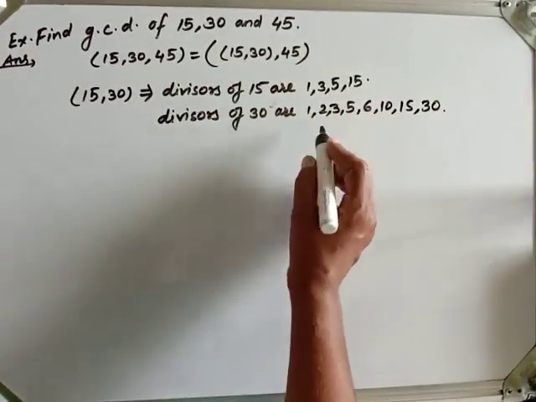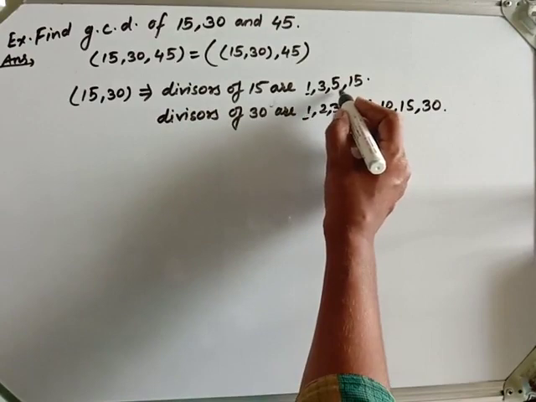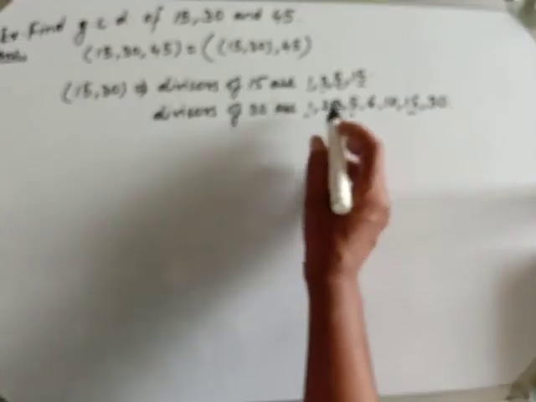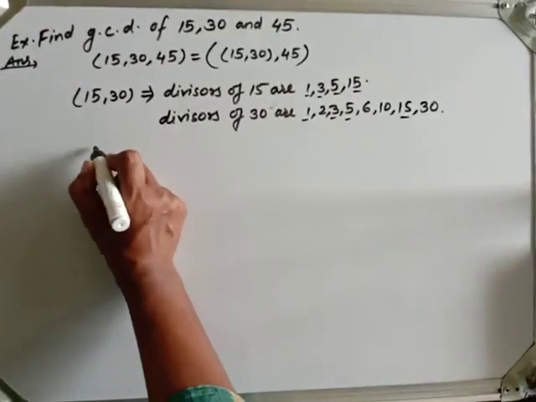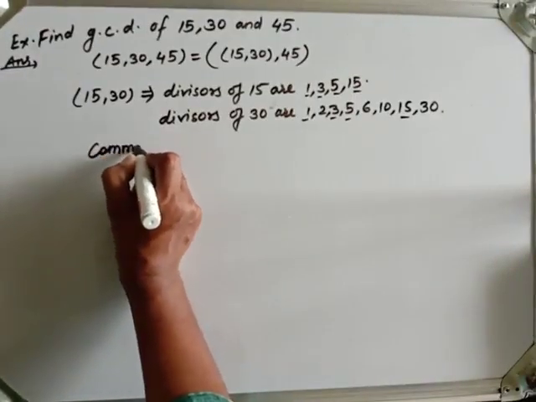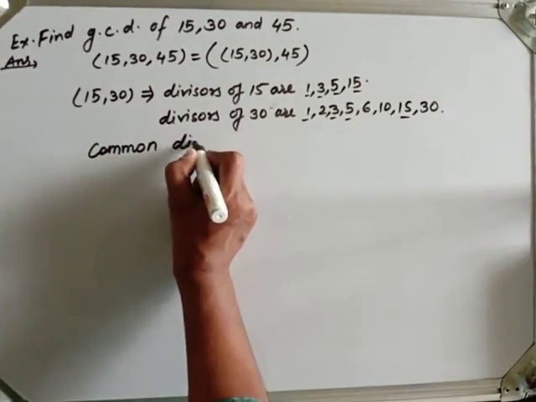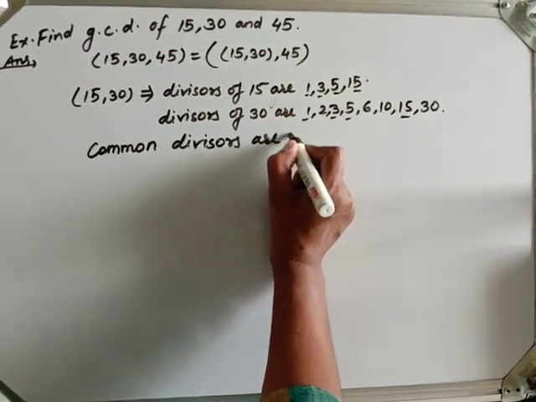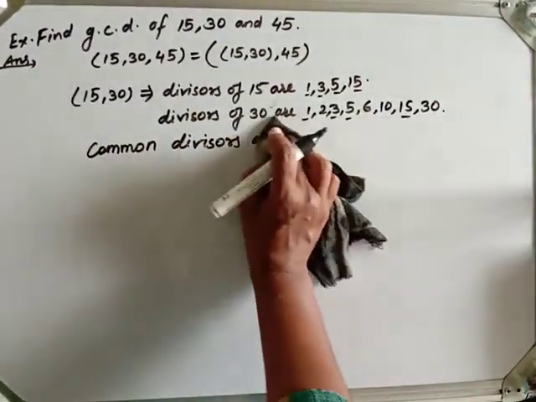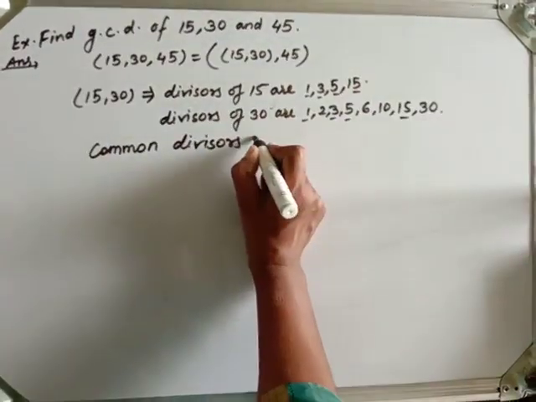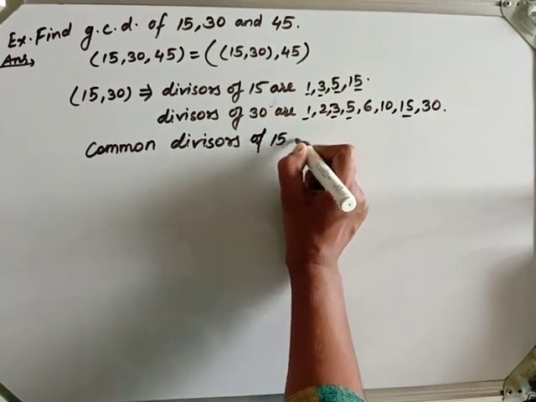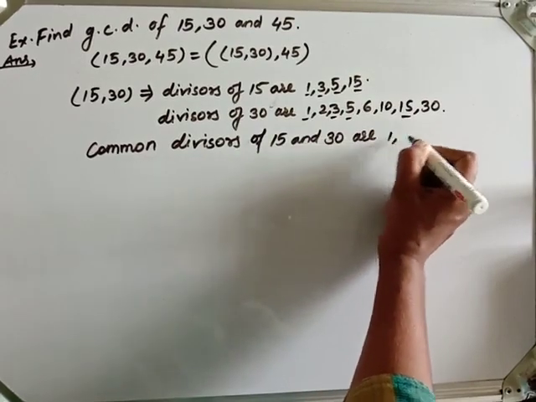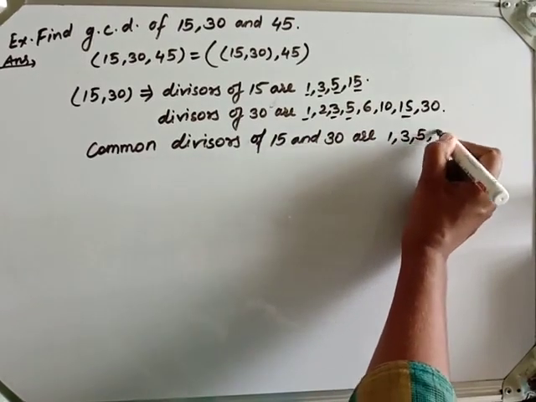Now what are the common divisors of them? Common ones are 1, 3, 5 and 15. So the common divisors of 15 and 30 are 1, 3, 5 and 15.